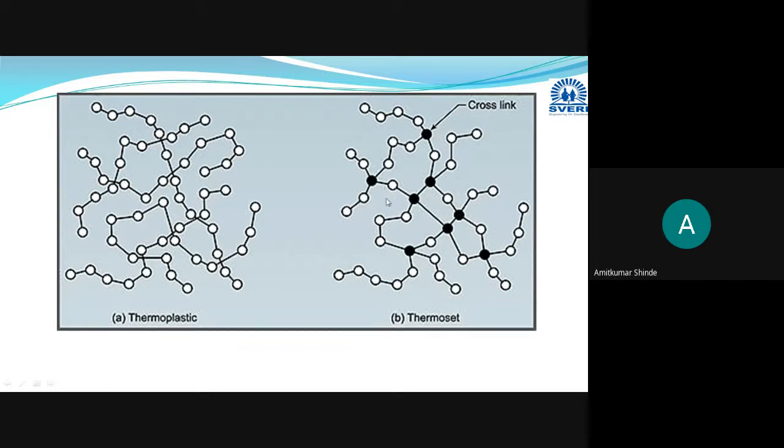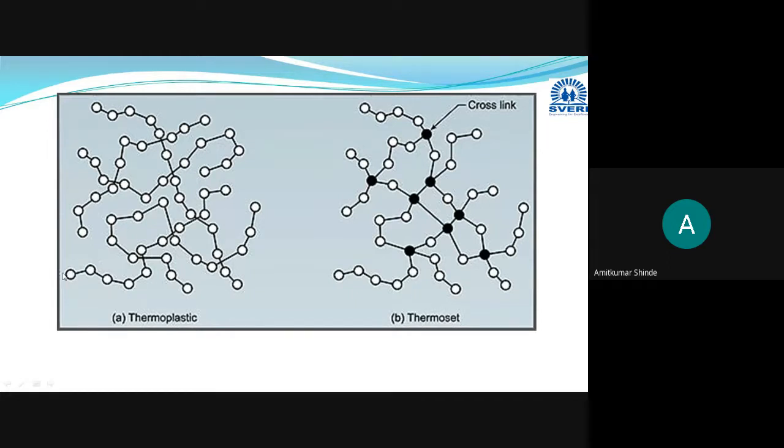Try to understand the meaning of this cross linking. Cross linking here means one linear chain is connected to another linear chain. Here linear chains are not connected to each other. Please see it carefully. These are the linear chains only.